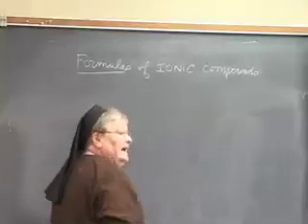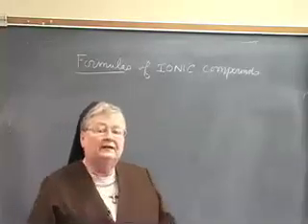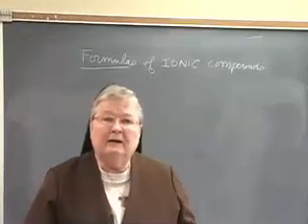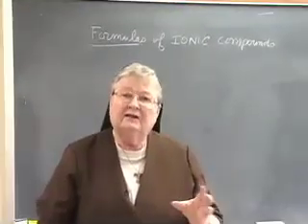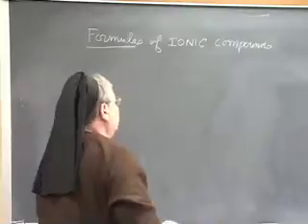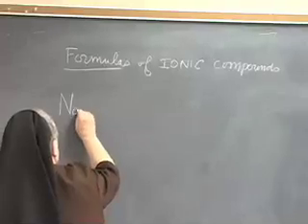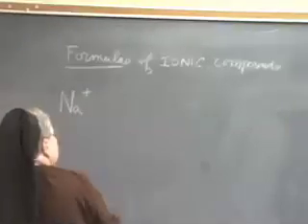The formulas of ionic compounds can best be written by recognizing, first of all, that in a compound the positive charges have to be balanced by the negative charges. So we look at a substance like sodium, and we take a sodium ion, which is charged +1.